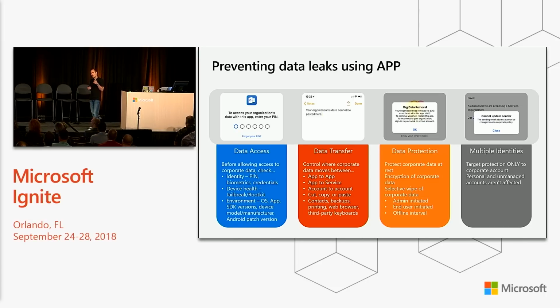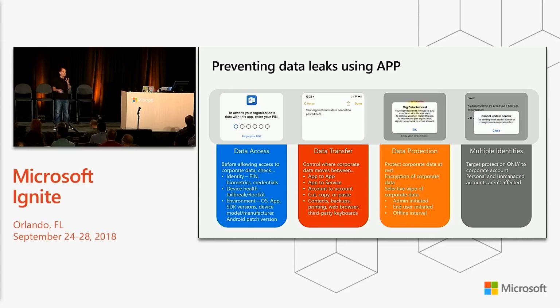The user can initiate a wipe by failing to meet policy requirements that you've defined within this app protection policy. And then third, and probably one of the more coolest of the wipe scenarios, is we can trigger an offline interval wipe, where if the app hasn't connected back to the Intune service after a period of time, upon the next time the app is launched, it will automatically wipe access to the data.